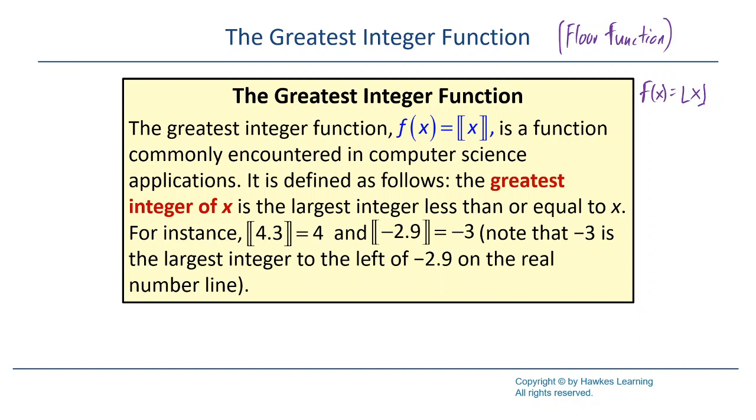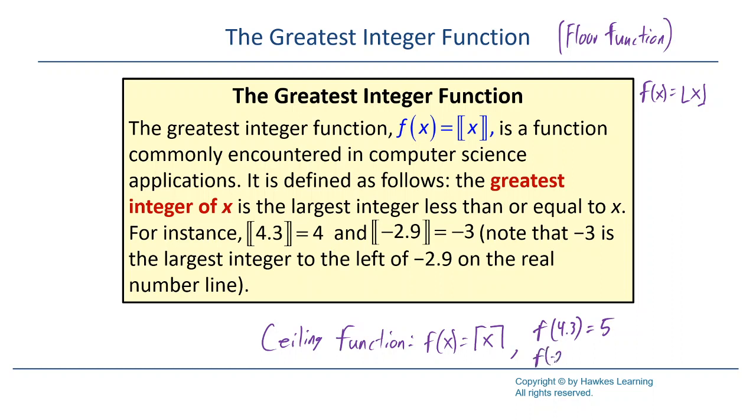Now, there is another function that's called the ceiling function, which does the opposite. It looks like this, which is literally just turn the floor function upside down. And if we were to test these values, f of 4.3 for the ceiling function would be 5. So this one just rounds up.